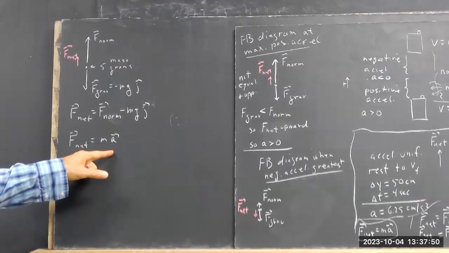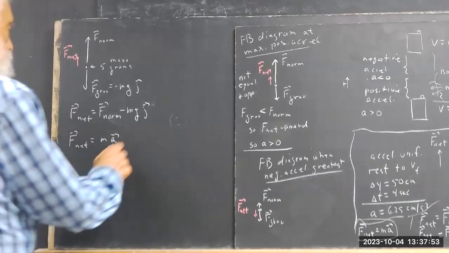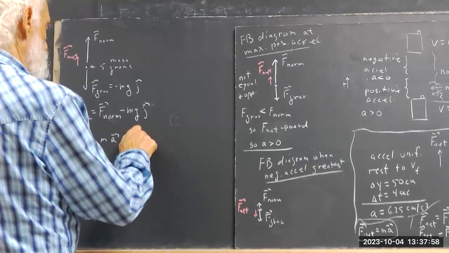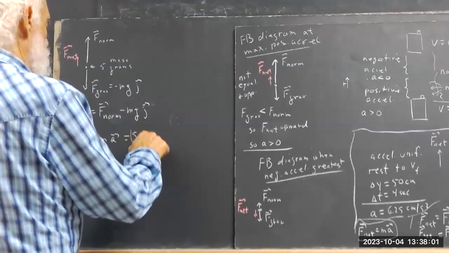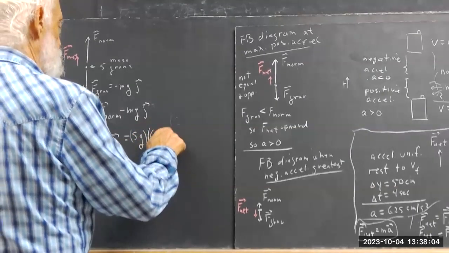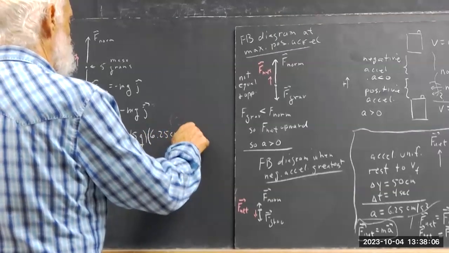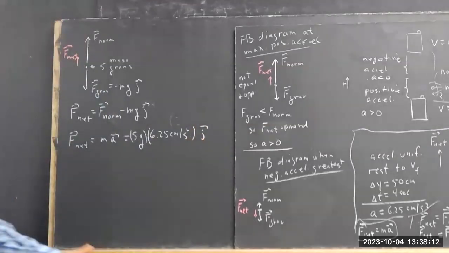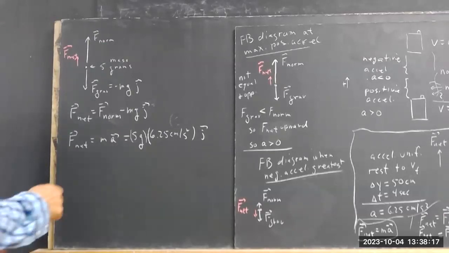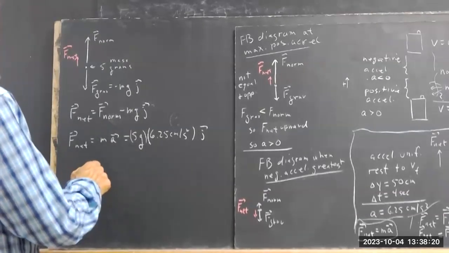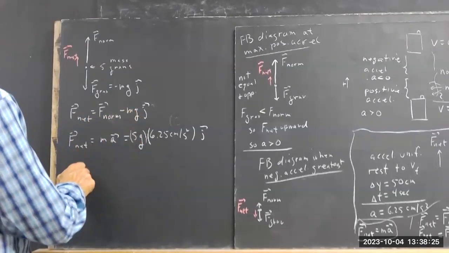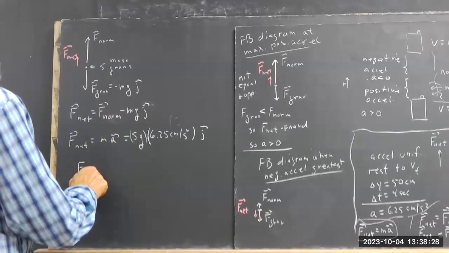You're given the mass, you're given the acceleration. Five grams times 6.25 centimeters per second squared times the j vector, because you know it's accelerating upwards. That's the way we did it. But we can then rewrite this equation, you can solve it for F norm.